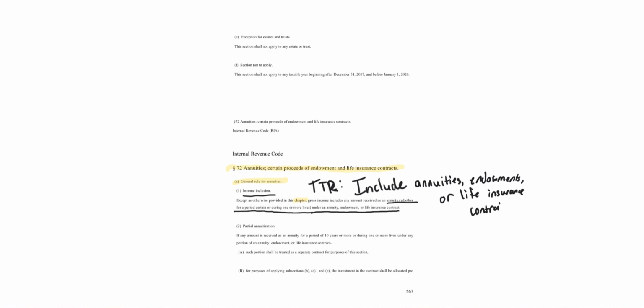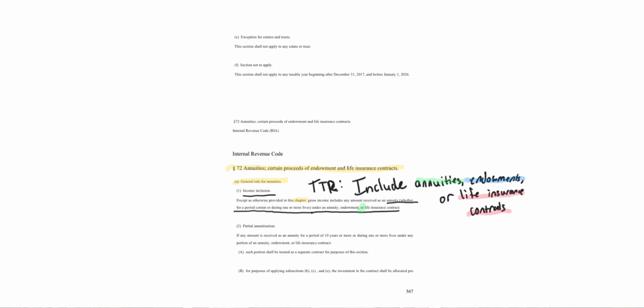Now note the language or, and you're going to see this throughout. Many times I'll bring it up later on when we see it, but you'll see lots of and or language in the tax law. This is a perfect example of or. It can be any of these things and it's considered included in gross income. It can be annuities, or it can be endowments, or it can be life insurance contracts.